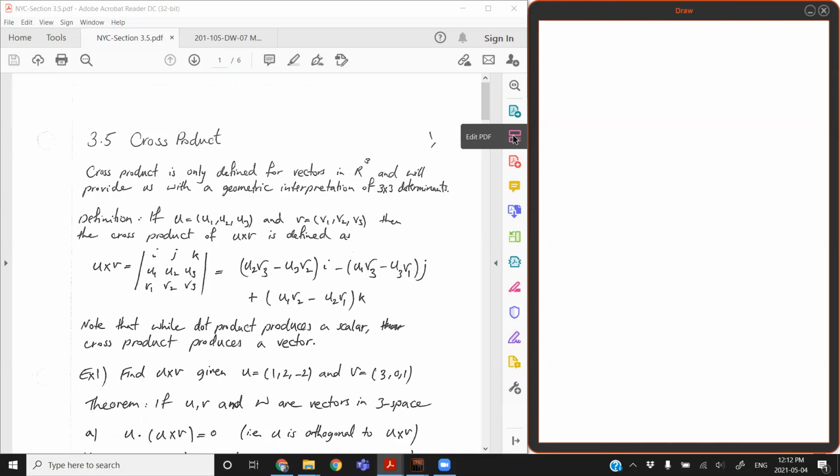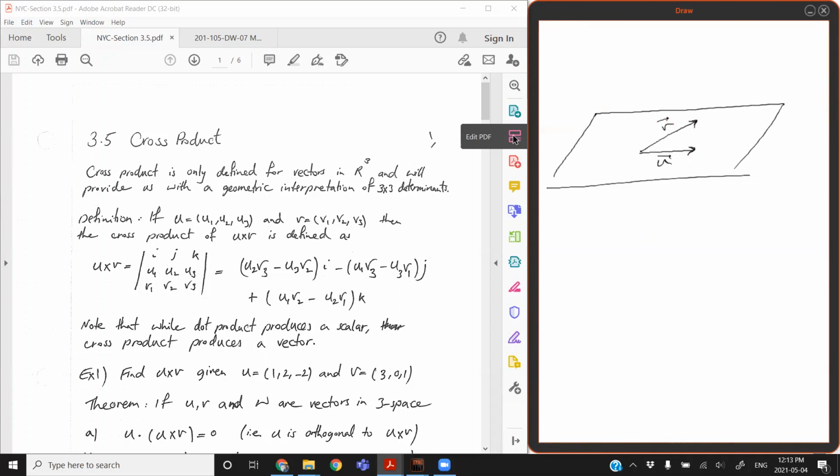So imagine you have this plane here, and also think of these two vectors that are parallel to this plane. So I'm going to draw these two vectors inside the plane. For example, you have a vector, let's say u, and you have a vector v, like that.